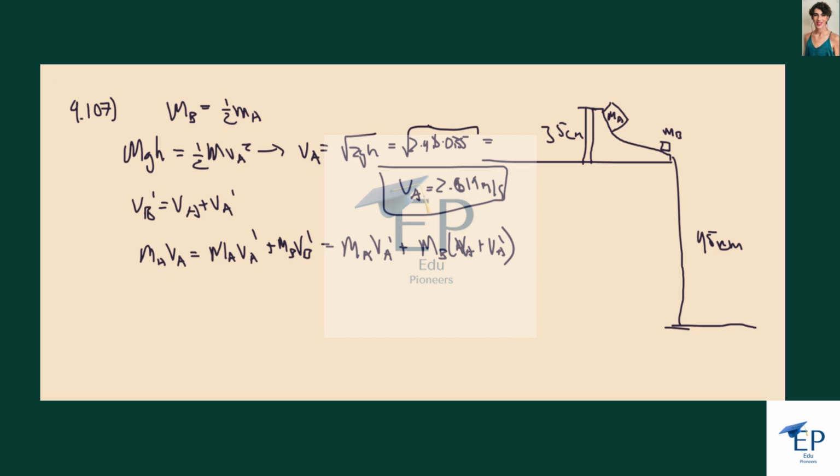And now we can set the relation that MB is 1/2 MA, or the other way around. So that means we have 2 VA equals 2 VA prime plus VA plus VA prime.